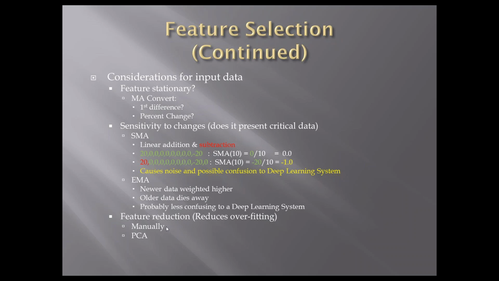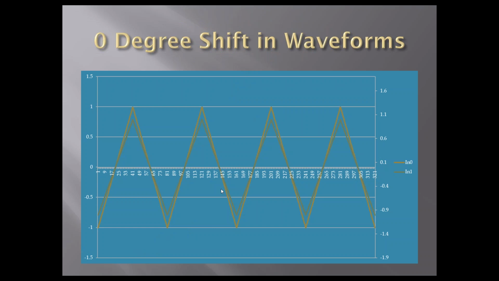You can do this manually, or you can use tools like PCA, Principal Component Analysis, which essentially uses the covariance matrix and figures out what your input data has in the form of information. That's how I look at it. So it finds out where things are varying the most, and it makes that its own feature. And we'll go through a little example here in the following slides.